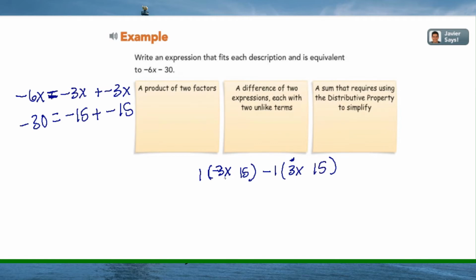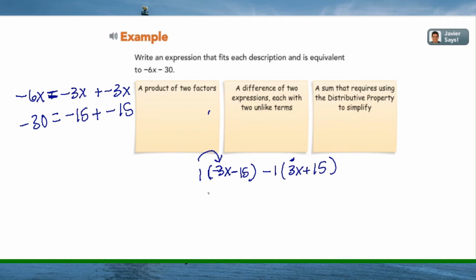So remember, I want both of those 15s to be negative once I distribute. So if I'm distributing a positive 1, I know I want this to be negative, because a negative 1 times a negative 15 will be a negative 15. Over here, I want it to be positive, because remember, you're distributing that negative sign in, which will be a negative 1.